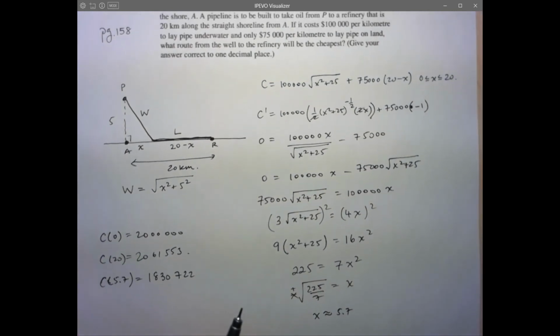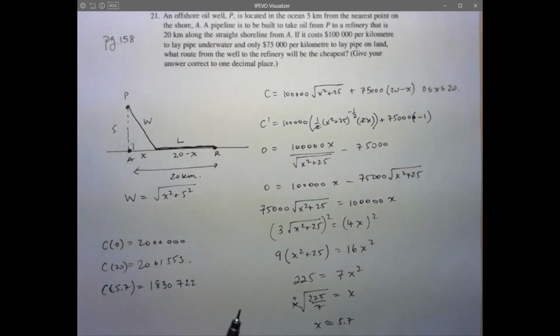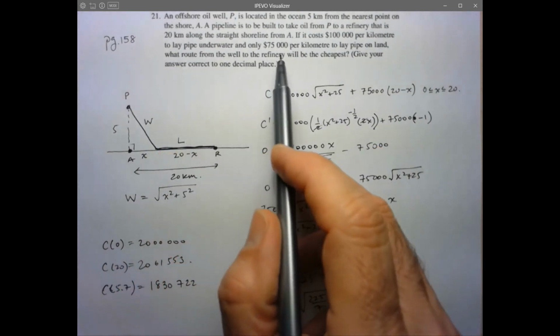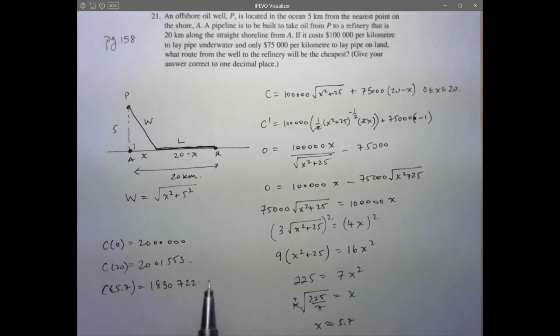So let's see what they're actually looking for. Are they looking for the cost? Are they looking for the dimensions? So here it says what route from the well to the refinery will be cheapest.